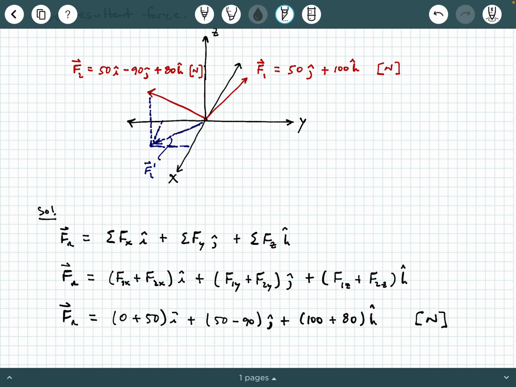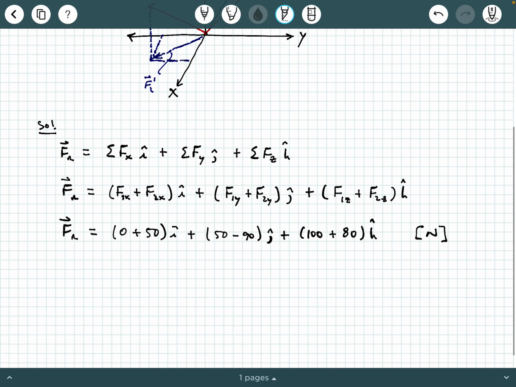When we go to the y component, this positive 50 is F1's 50j, and this negative 90 is F2's j component, or y component. When we go to the z component, F1 has a z component of 100 newtons, and F2 has a z component of 80 newtons.